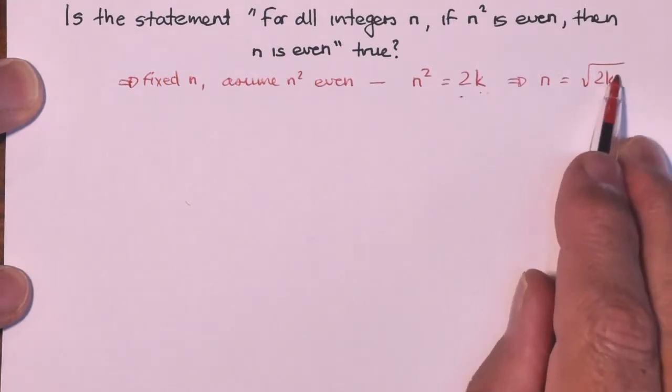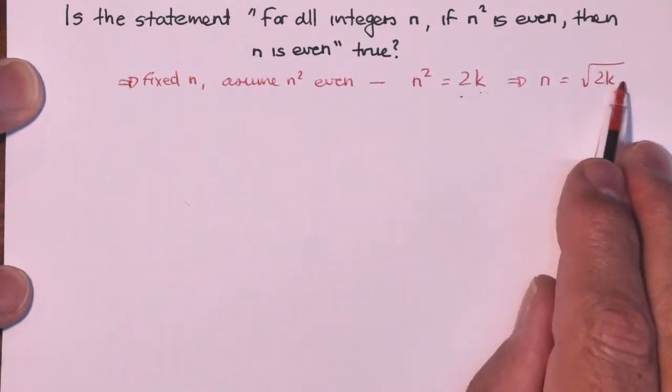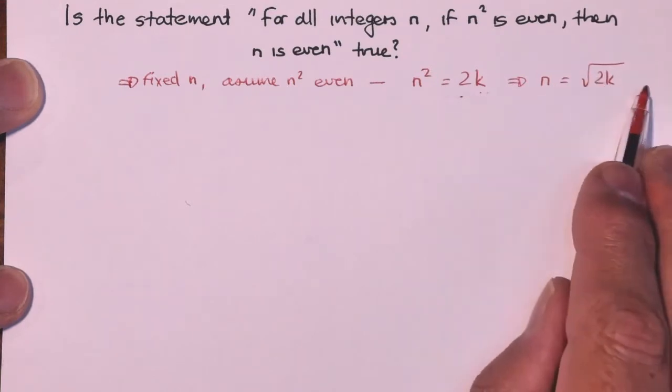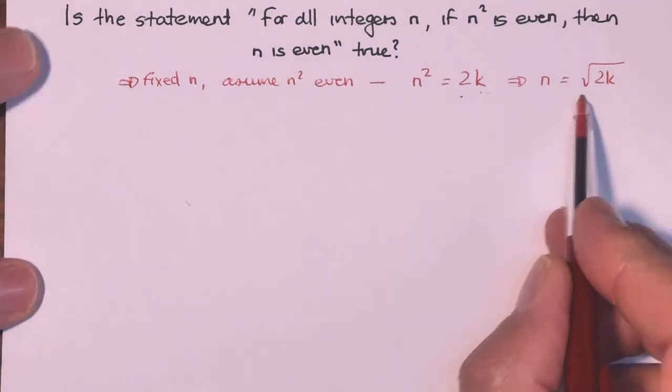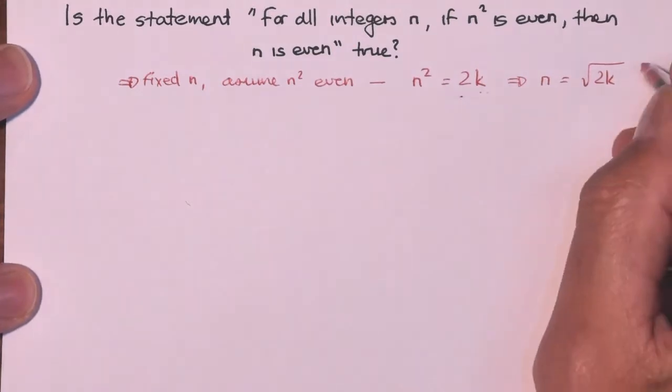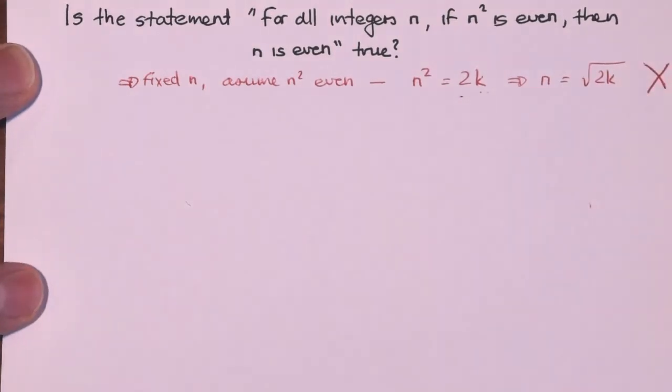That's not guaranteed to be an integer, which is a multiple of 2. So in this case, a direct proof will not help, because it just does not do what we need it to do. So no, direct proof is out.